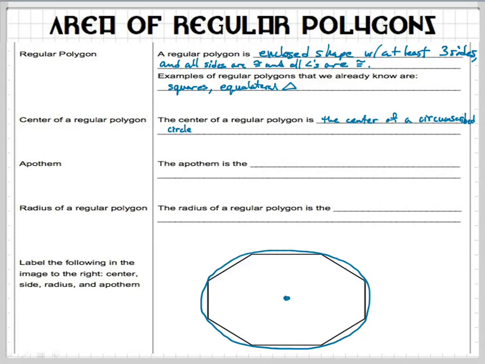The apothem is the perpendicular line that goes from the center to a side.